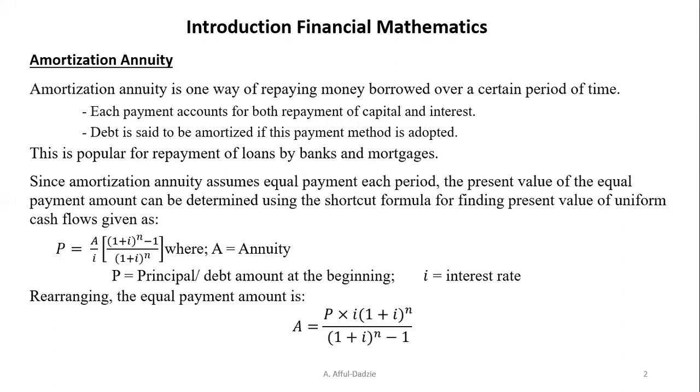The basic idea of an amortization annuity, from a layman's perspective, is that amortization is a process or procedure of repaying a certain borrowed sum. If you go to the banks, this is how they compute whatever loan you take from the bank.